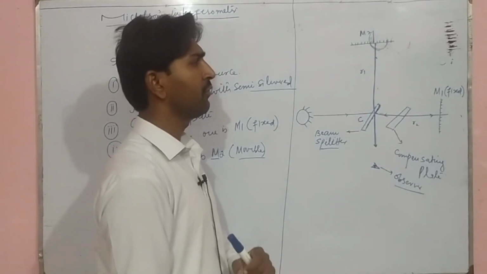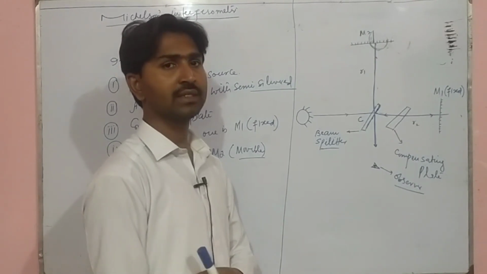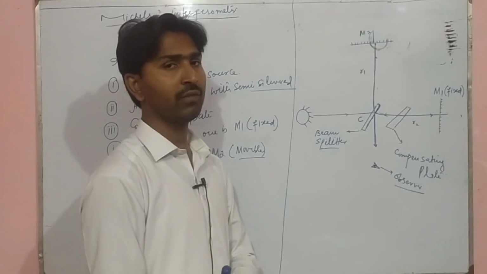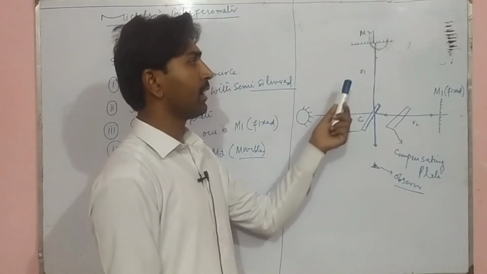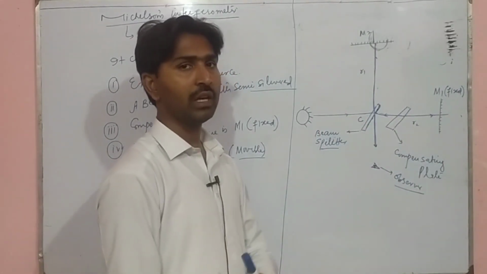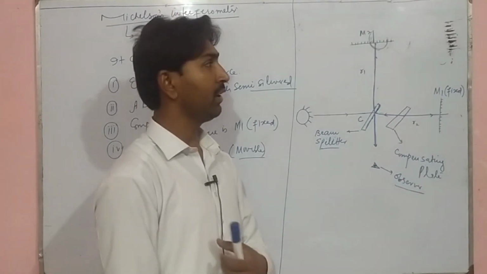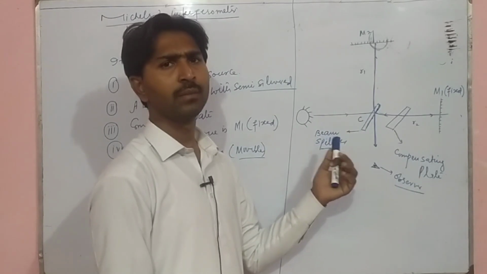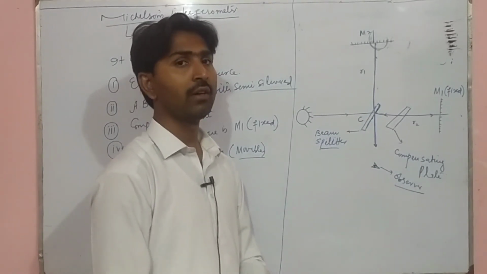If M1 and M2 mirrors are not exactly perpendicular to each other, or if the rays R1 and R2 do not cover equal paths, then what will happen? Will it behave as YDS? No, it will not. Why?